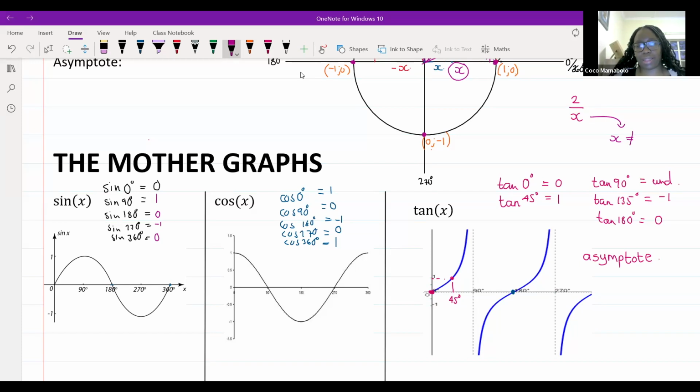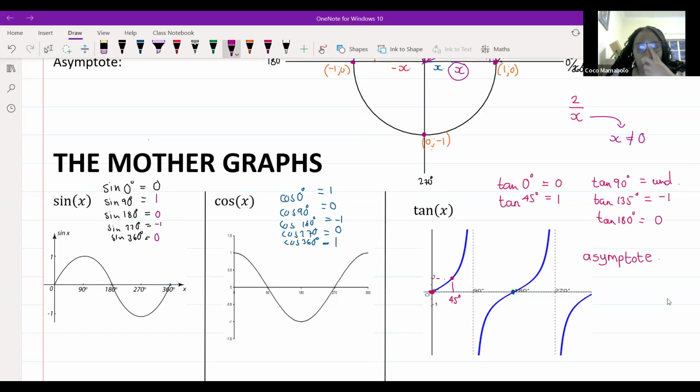What would make this undefined? Yes, correct, Kat. Absolutely. It is 0. X cannot equal 0 because anything divided by 0 is going to give us an undefined function.